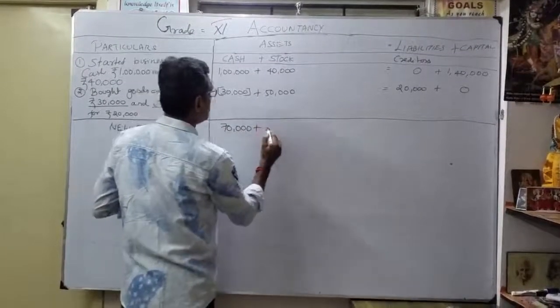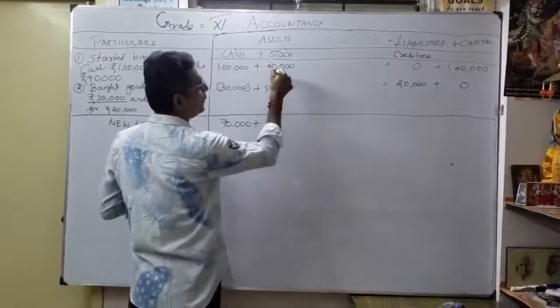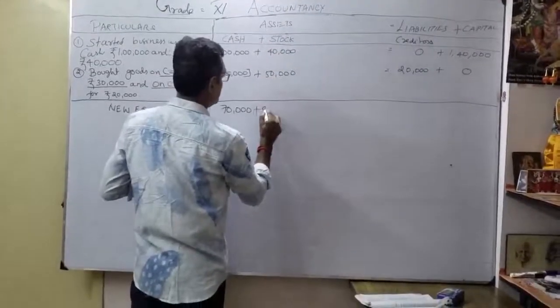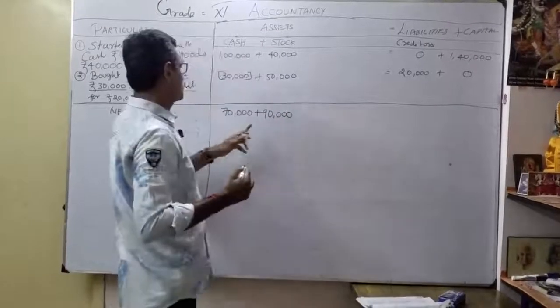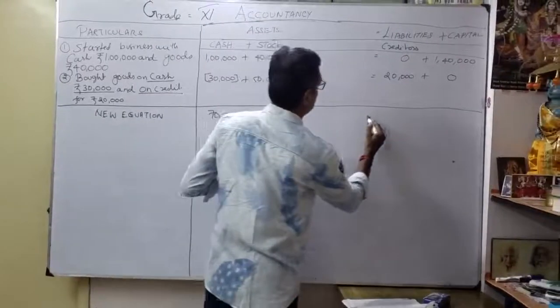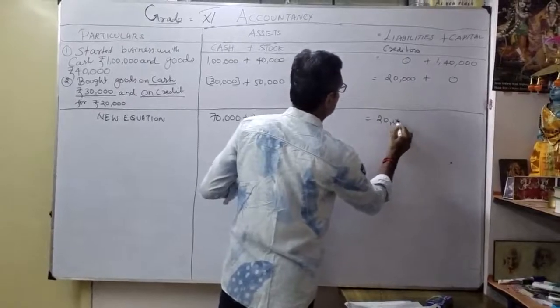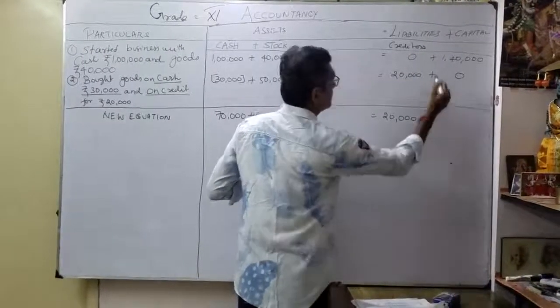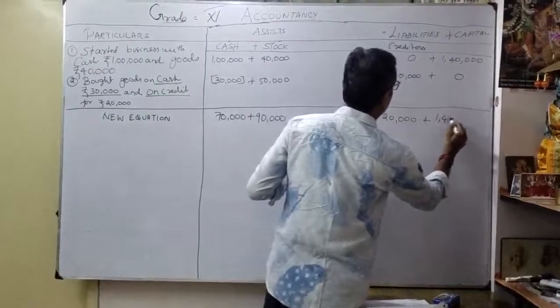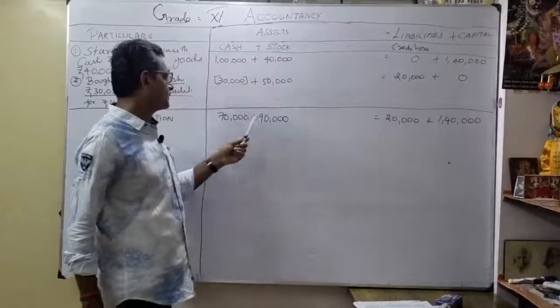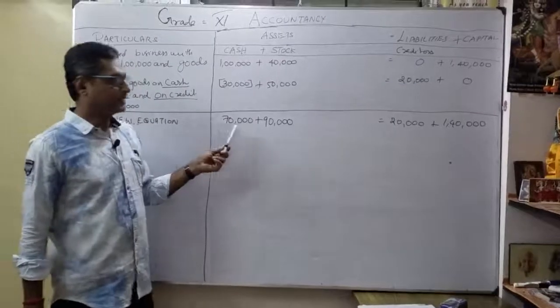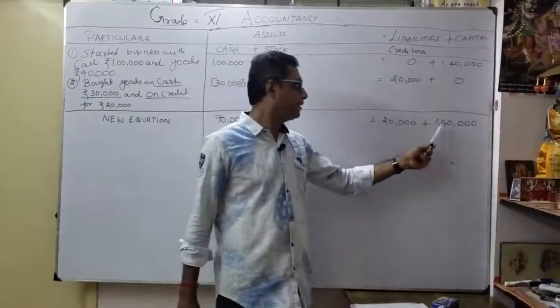My stock was already 40,000, now 50,000 more, total 90,000. Now what are my creditors? 20,000, plus my capital 1,40,000. Now see the equation here: 70 plus 90, 160. Here also liabilities plus capital 160.